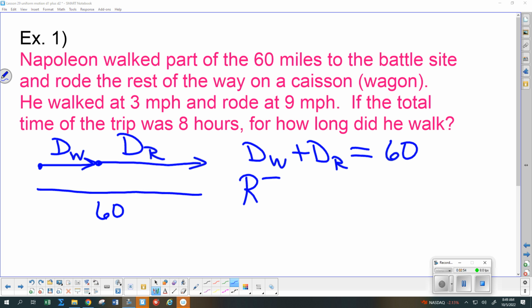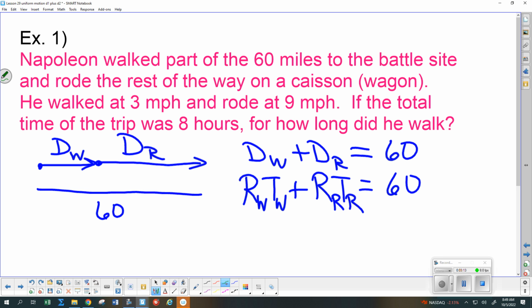Then change the D's to RT's, because rate times time equals distance, and put in the subscripts. Now you guys need to help me find other things in there. Are there any things in there that I can start to substitute into that equation?